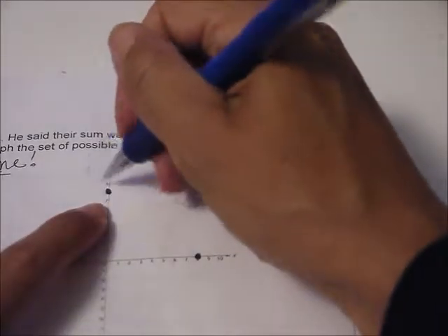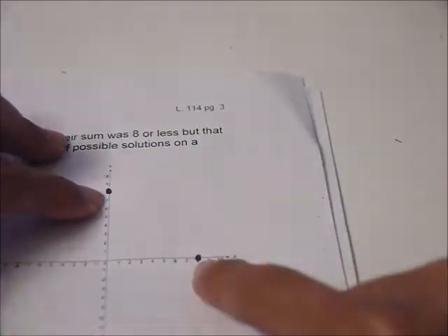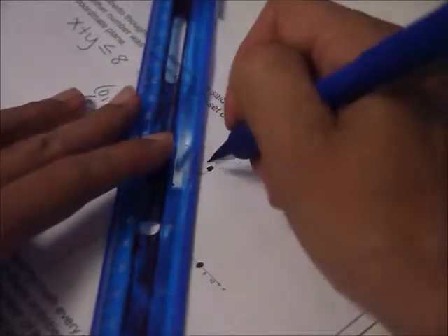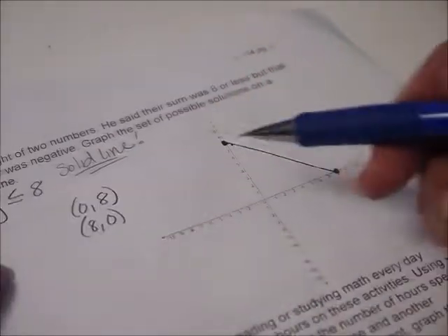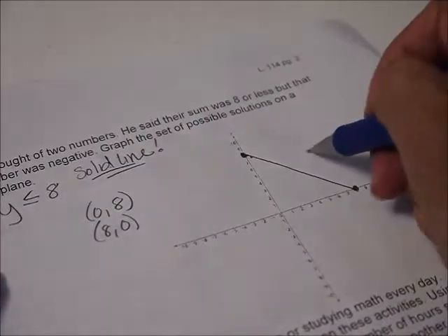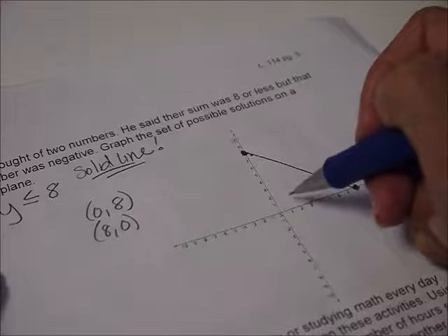Now, am I going to go up here? No, it says neither of the numbers were negative. So we're going to stop at these points. We don't extend it past those points because then we would be in negative country. So there we go. And we want them less than or equal to 8. So are we going to pick a point up here to try or a point down here?